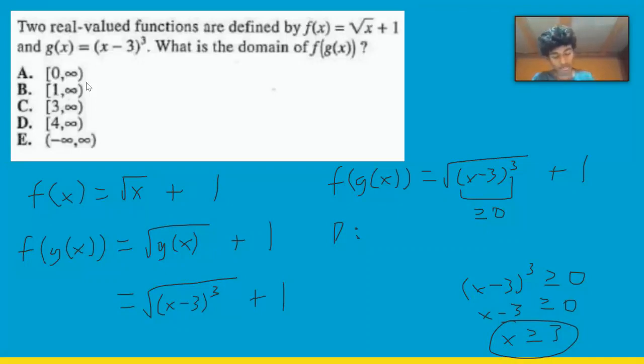Since we have greater than or equal to, our domain is going to include 3. And we can have a very large x value, and we will still have a real defined output. So our domain is from 3 inclusive to infinity, and our final answer is choice C.